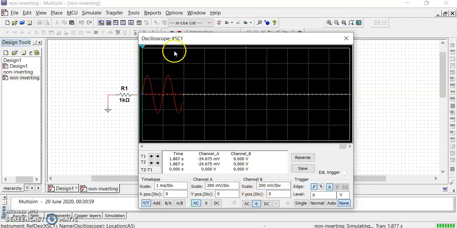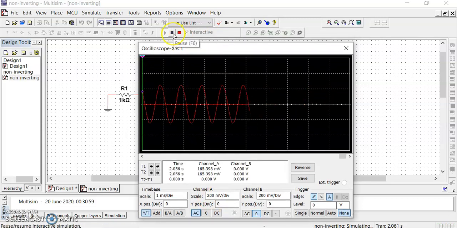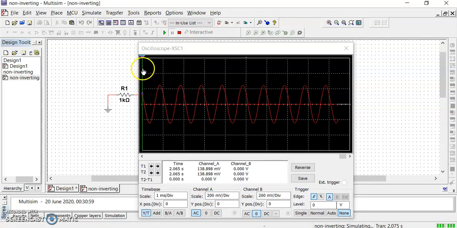For the sake of your understanding, I am measuring the input voltage again. Now the input voltage is 486 millivolts. Because of the cursor differences we may get this value. It is 490 millivolts, around 500 millivolts. Actually its value is 500 millivolts.